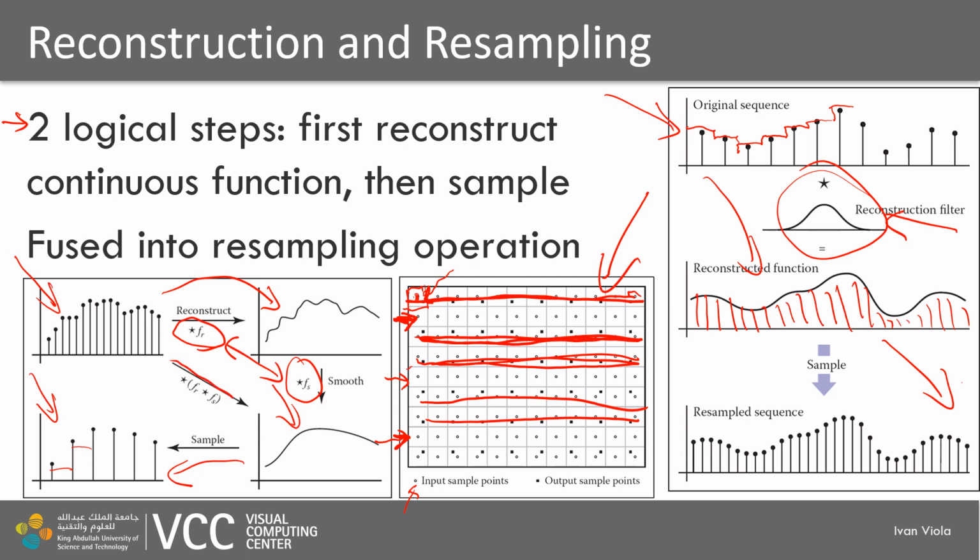And this will be this arrow here, where we have these filters pre-convolved together, and then the reconstruction and smoothing is happening in one pass.